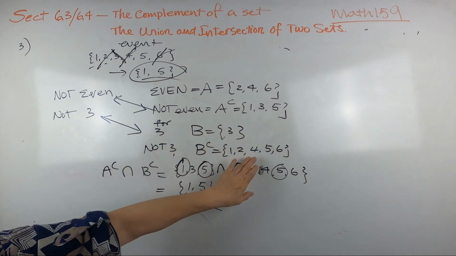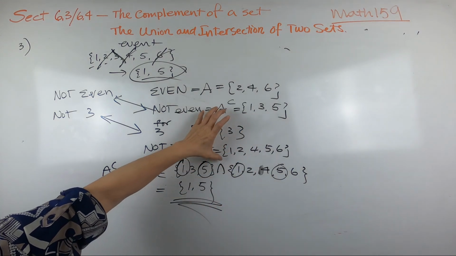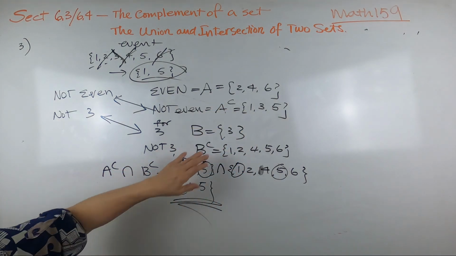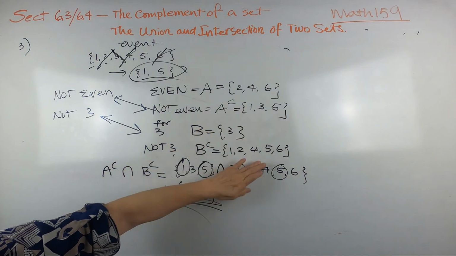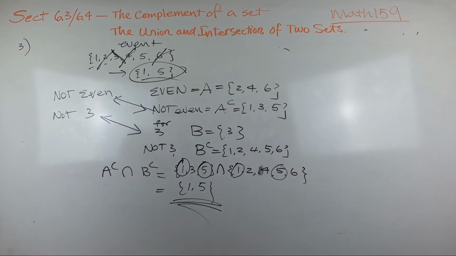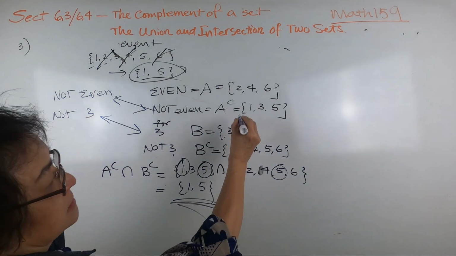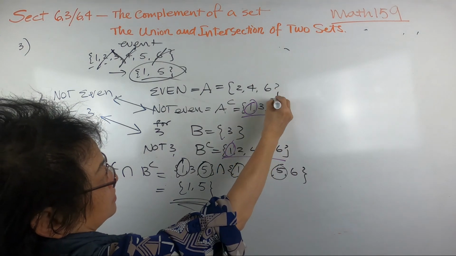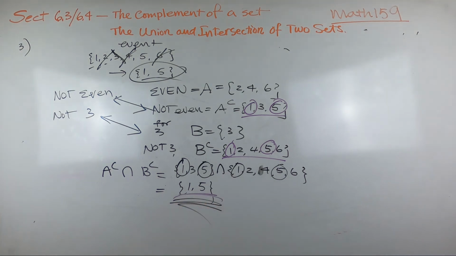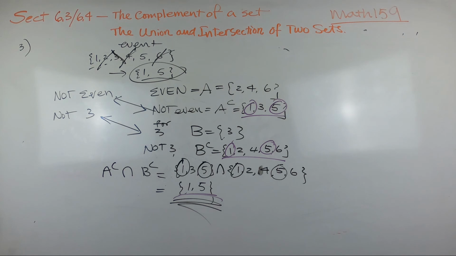You do the intersection of A complement and B complement. So what do we have in common? That would be these 2. That's how you do it.